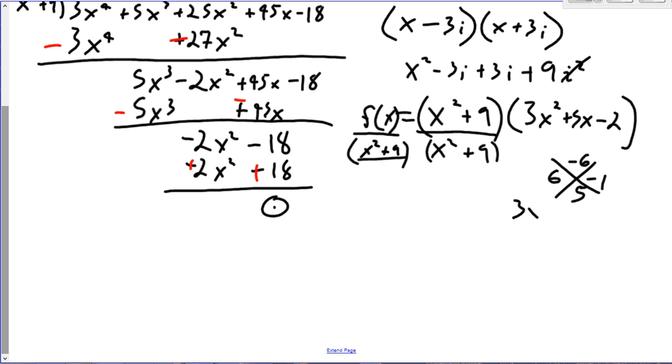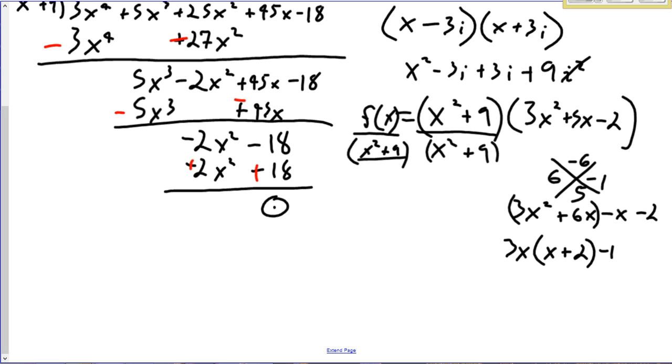So I got 3x squared plus 6x minus x minus 2. Factor out what's common: it's a 3 and an x, and I got an x plus 2 here. Factor out a negative 1 so that they're the same. I know I've done this right because I have these two being the common factors. I factor that out, and I get x plus 2 times 3x minus 1.